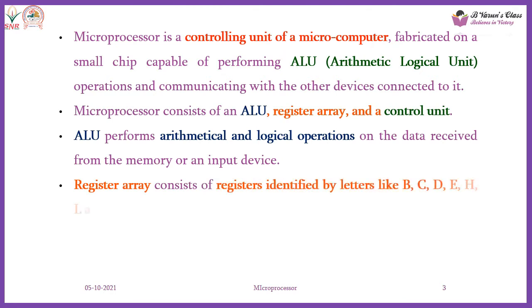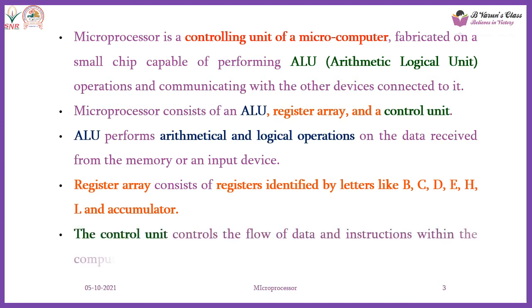Second one, register array. It consists of registers identified by the letters B, C, D, E, H, L and accumulator. All these are the addresses where the data is going to be stored.